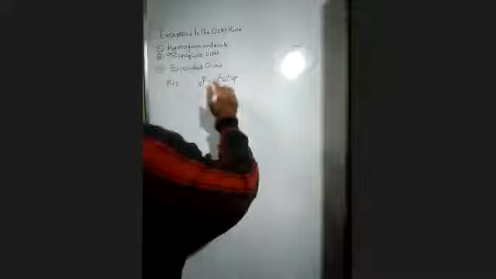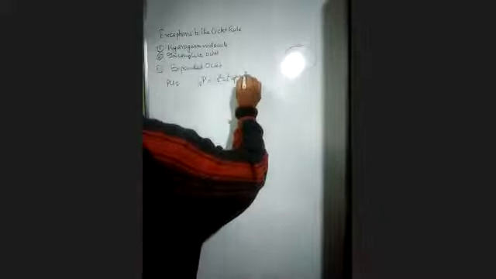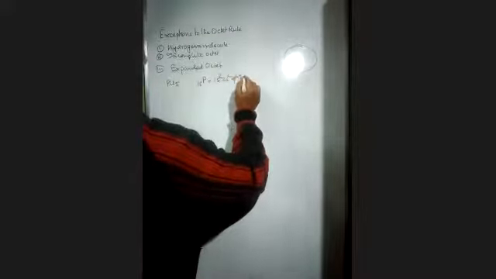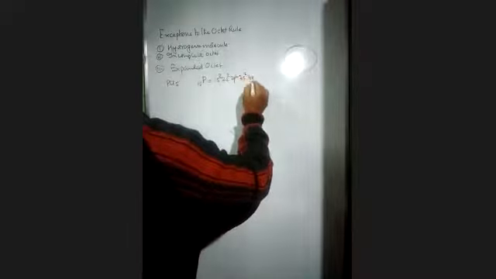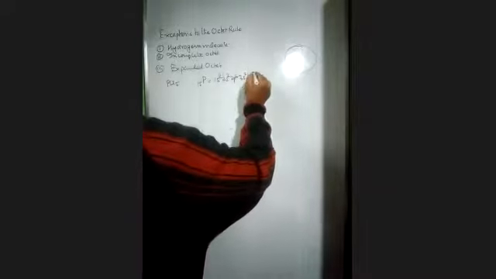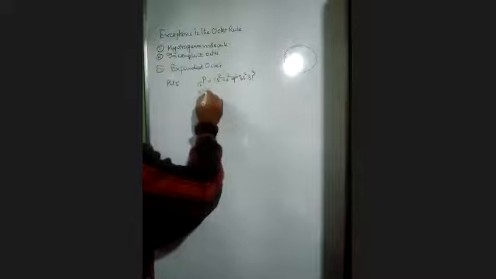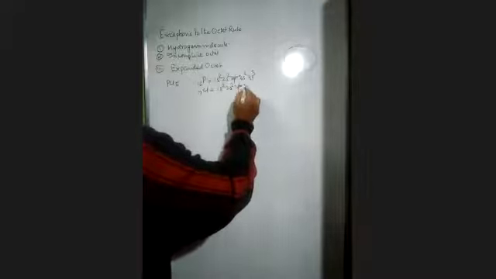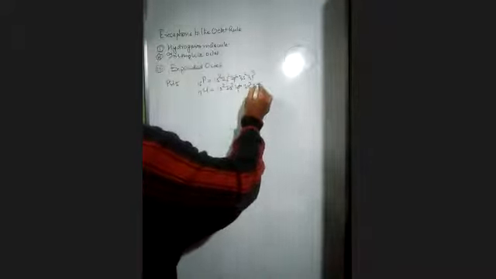I could have immediately found it from here also. 3s2, 3p3. Chlorine is 17: 1s2, 2s2, 2p6, 3s2, 3p5. These are the configurations.